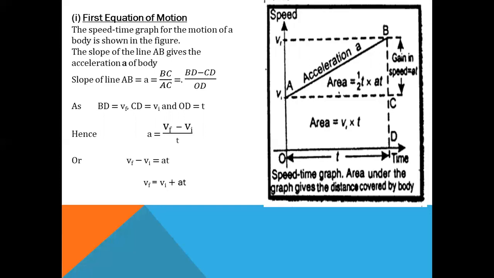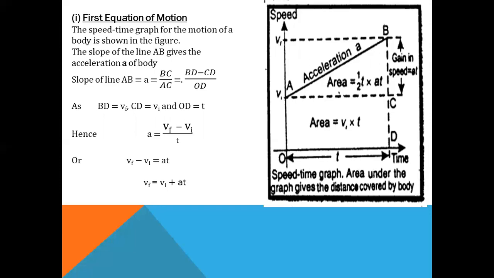BD is the total distance from D to B. So BD is the total distance minus CD is the distance from C to D. So BC is equal to BD minus CD, divided by OD, that is base or horizontal.